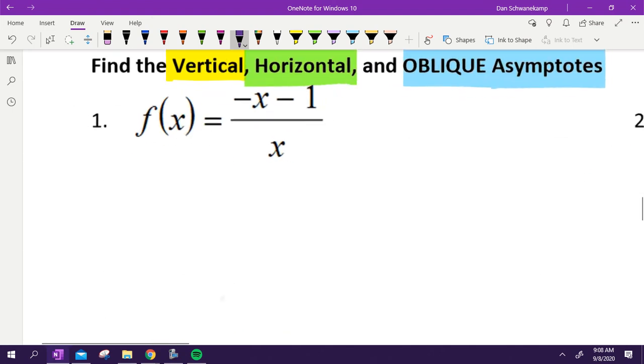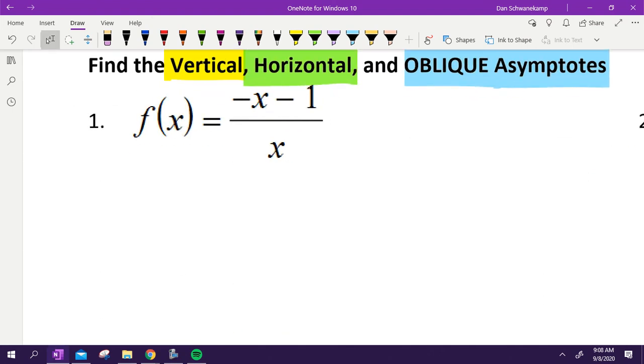So first thing we're going to do is find the vertical asymptote. Show me with your fingers. Where's your vertical asymptote on number 1? On number 1, we take the bottom, set it equal to 0. I have a vertical asymptote at x equals 0. Done. Then we are going to look at degrees. Show me with your fingers. What is the degree of the numerator?